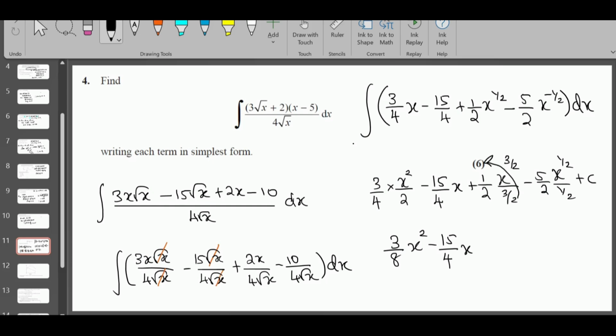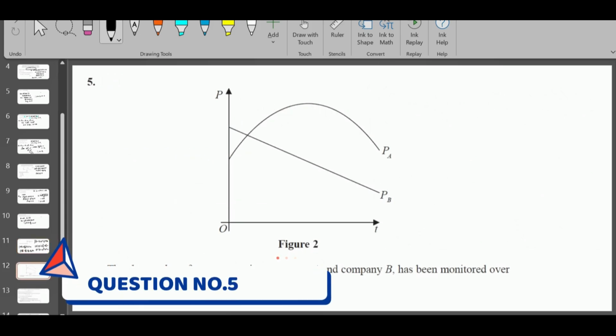This 2 will go up, so 2 can be cancelled. You'll get 1 over 3 x power 3 over 2. Here the 2 times 2 will be cancelled. You'll get, it's just 5, right? So minus 5 x power half plus c. It's a 6-mark question.